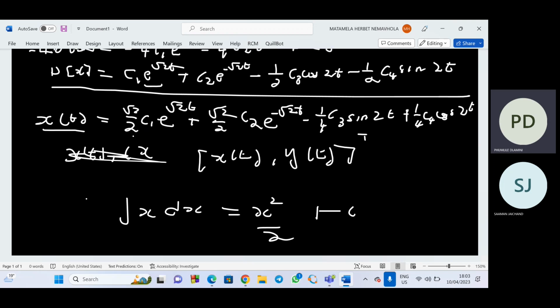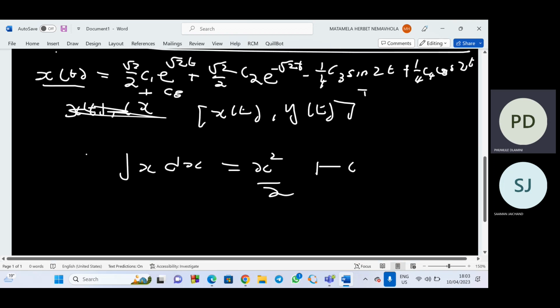So even when we differentiate here, there will also be a constant. We can name it C5, because we already have C4 there. Now we substitute both y of t and x of t into one of those equations.